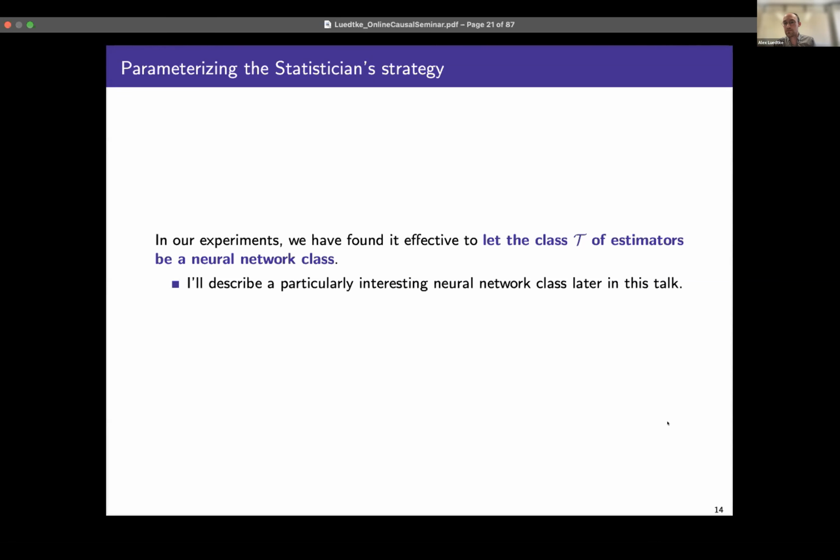Secondly, there's a lot of existing software that you can use to optimize neural nets very quickly, leveraging advances in computing, like the easy use of GPU computing. And finally, it's easy to impose certain invariances in a neural network, like permutation invariance, et cetera. I'll talk about that a little bit later when I talk about a particular neural network class.